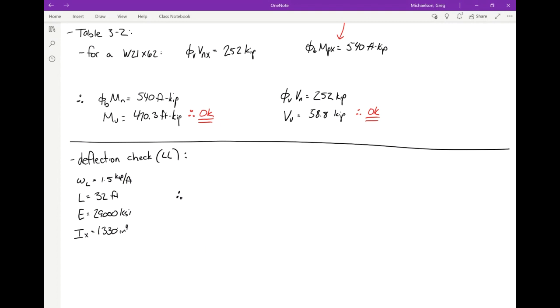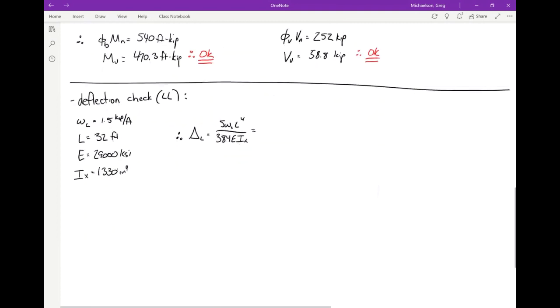And so our live load deflection is, for a simply supported beam and a uniformly distributed load, this comes from table 3-23 that we just looked up, 5wL to the 4th over 384EI. And so we got a big fraction. I can do better than that.